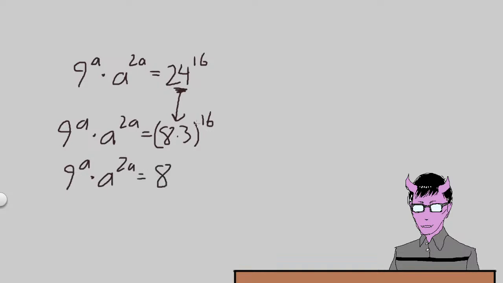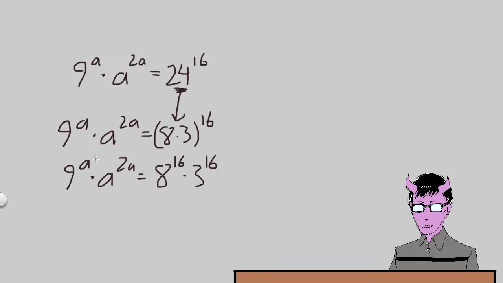So we get 8 to the power of 16, and then times 3 to the power of 16 after the distributive property of exponents. This is base 9. That is not base 9. I'm just going to change this to... Do we change to base 3, or do we change this to base 9? Is the question.